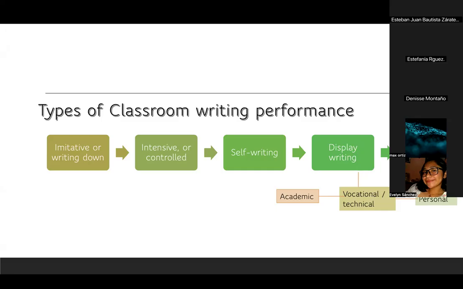And then the idea is that they complete the text, the gap text, only with simple past verbs. This is kind of imitative writing. Why? Because they are going just to focus on some patterns of language. In this case, they was the simple past verbs.